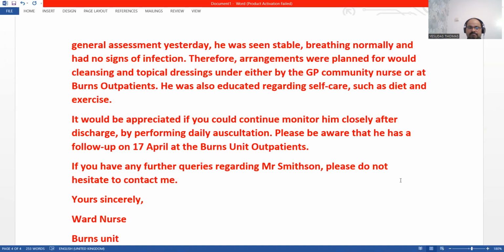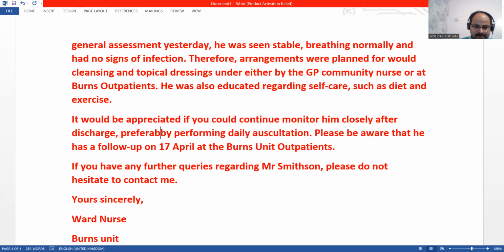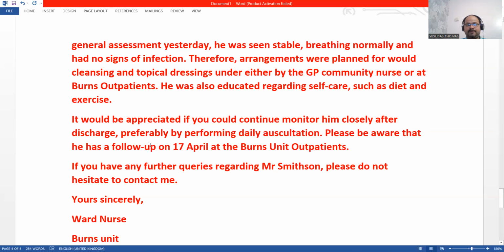Okay, so I can say preferably by performing daily auscultation. In the case note, we can see that this auscultation can be done either by the community nurse or by the GP. Because you're writing a letter to the GP, we are asking him, preferably you would perform.